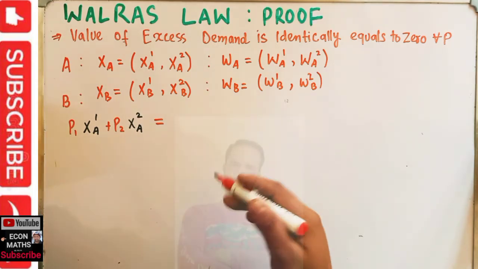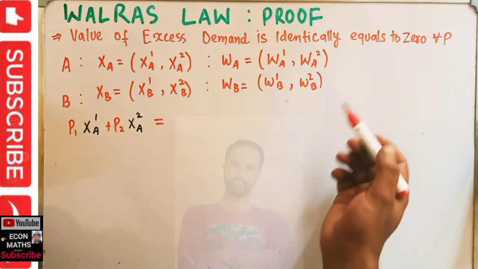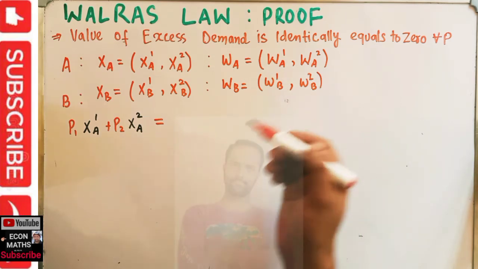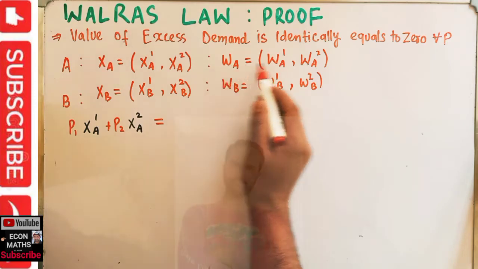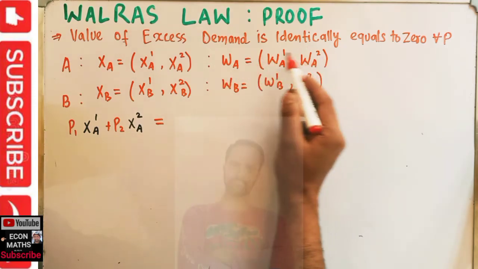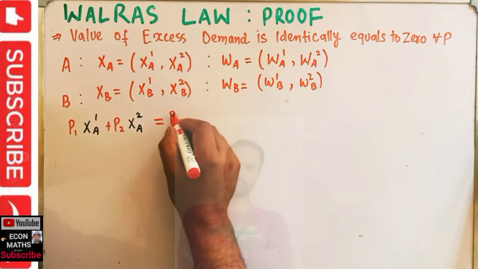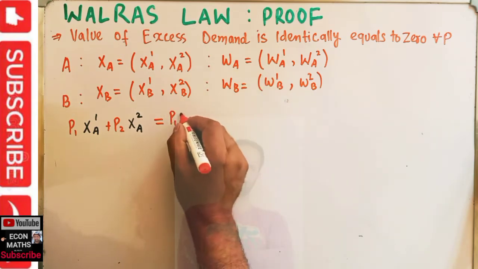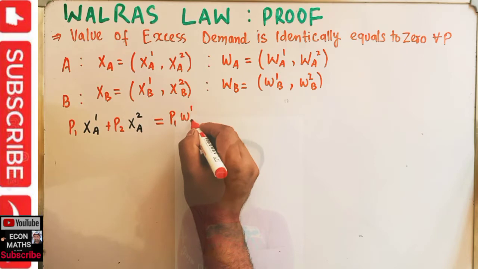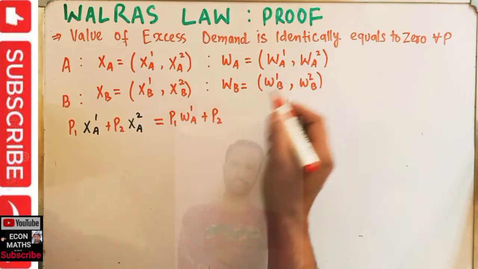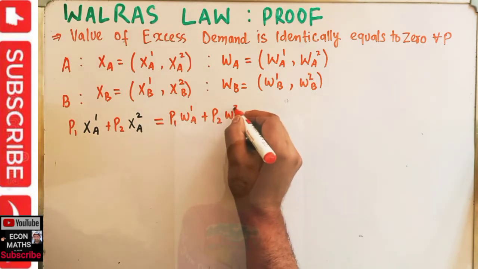should be equal to his total income. And we have also assumed there is no outside income. So the income of the person is the endowment he initially has. What the person has initially, he has this endowment. And what will be the total income then? Simple, price of good 1 times the initial units of good 1 the person has plus price of good 2 times units of good 2 initially he has.